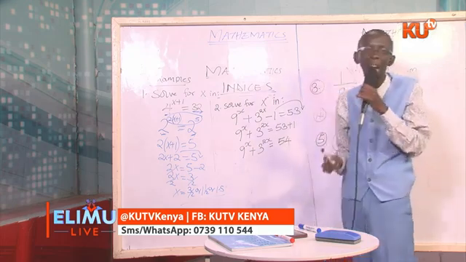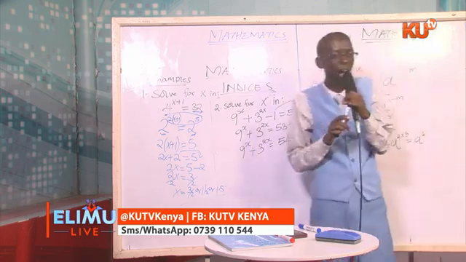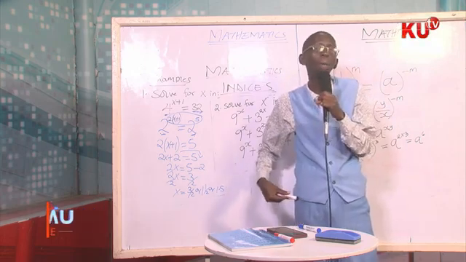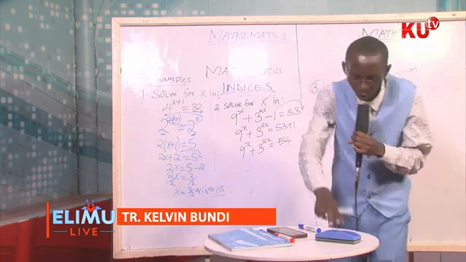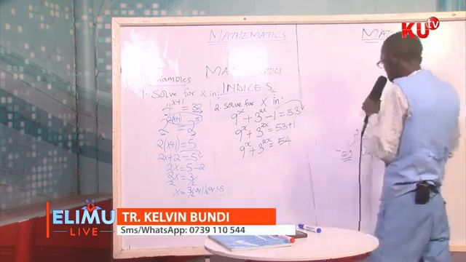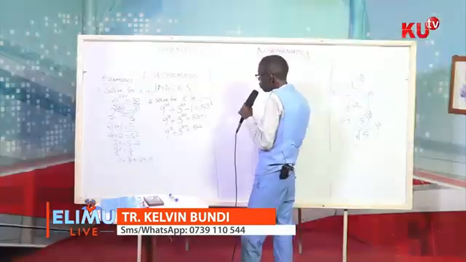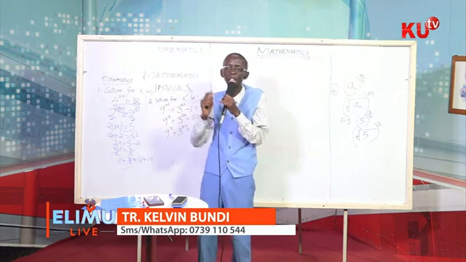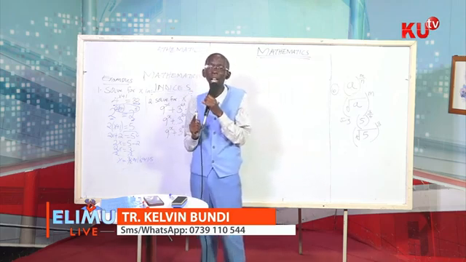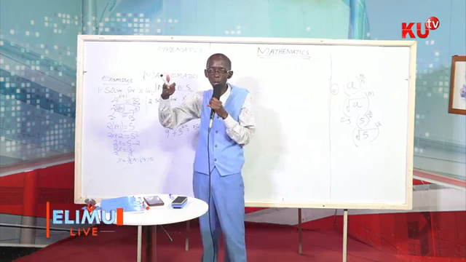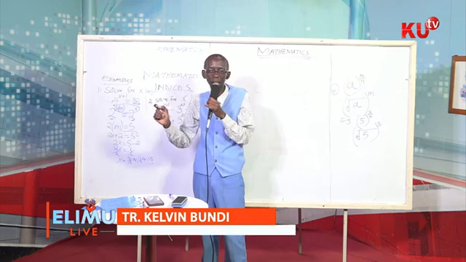Next step, my dear student, is to try to make the bases the same where possible. I'm saying where possible because in some cases it's not possible. If it's an even number, when making the bases the same, try to start with base 2. 2 to power what will give you the same answer?